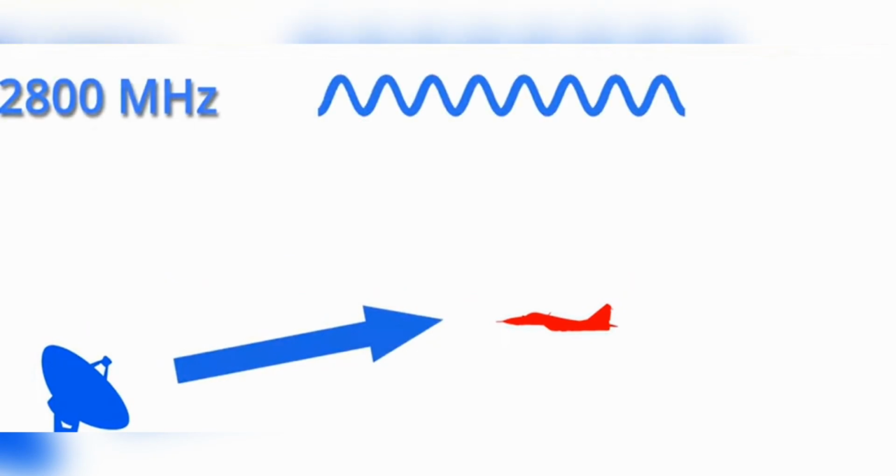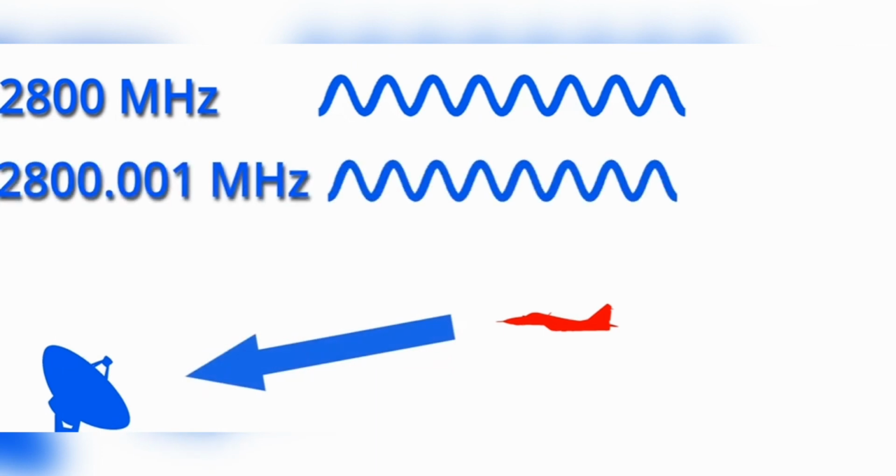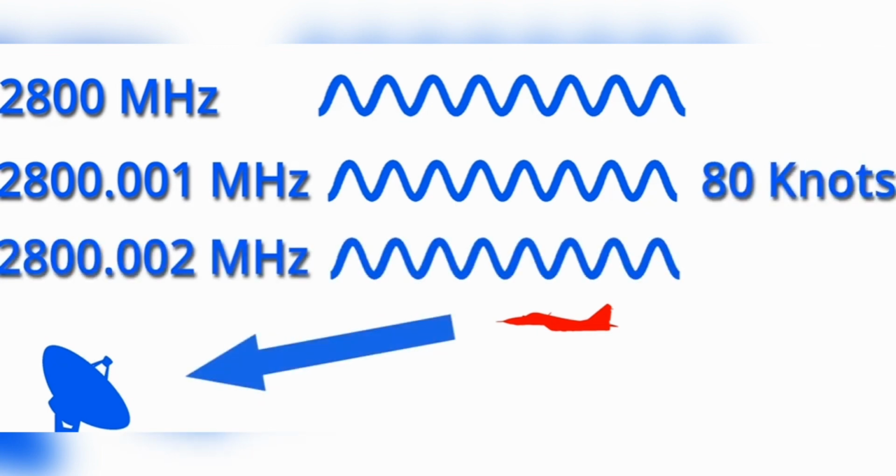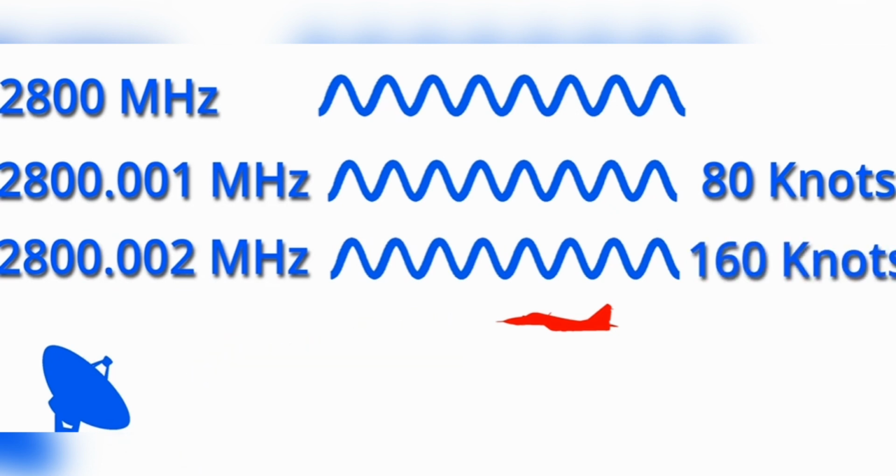Now let's take an example. If a radar transmits a signal of 2800 megahertz and the received signal is 1 kilohertz higher, the object is moving closer at a speed of 40 meters per second or 80 knots. If it is 2 kilohertz, then the speed will be 160 knots.